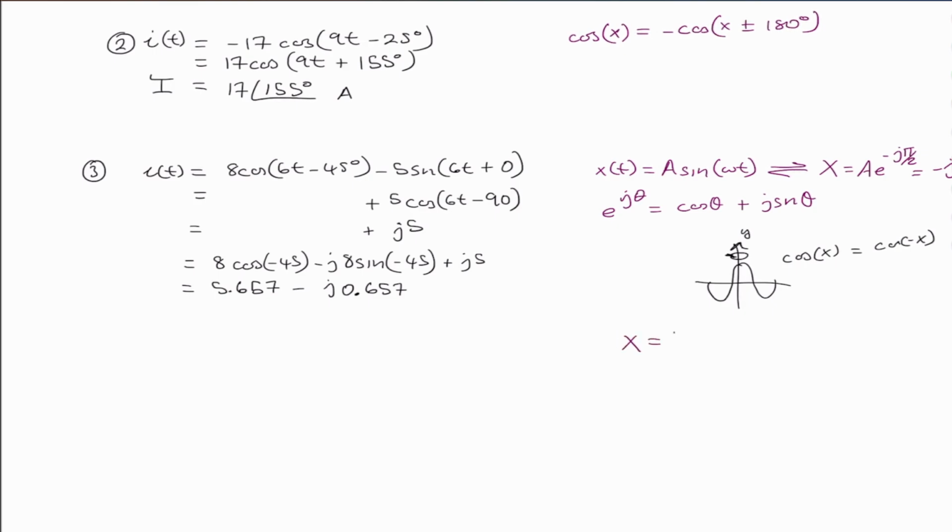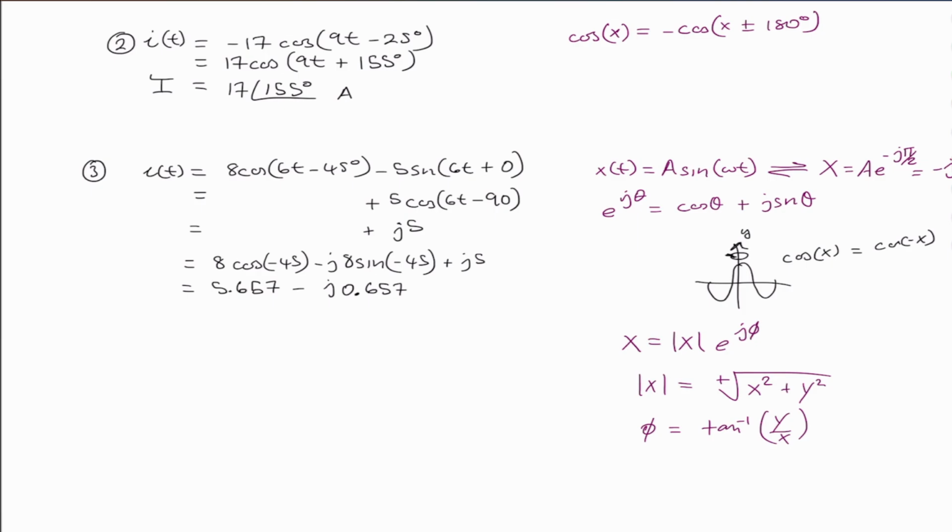A complex number x is equal to the magnitude of x times e to the j phi. Magnitude of x is equal to the positive square root of x squared plus y squared. And our angle phi is equal to the inverse tangent of y divided by x.